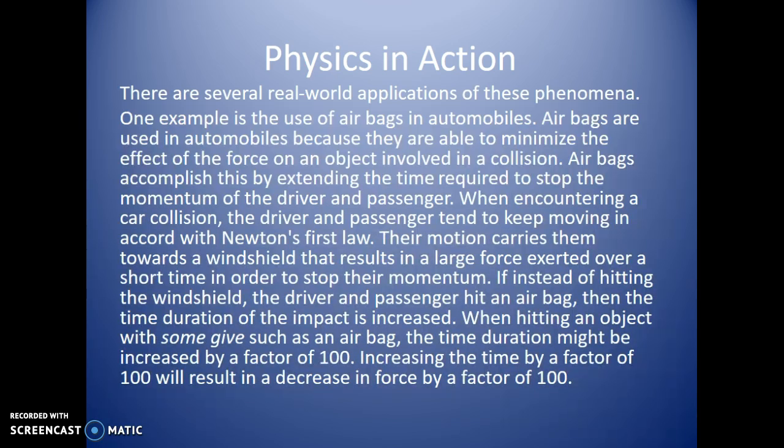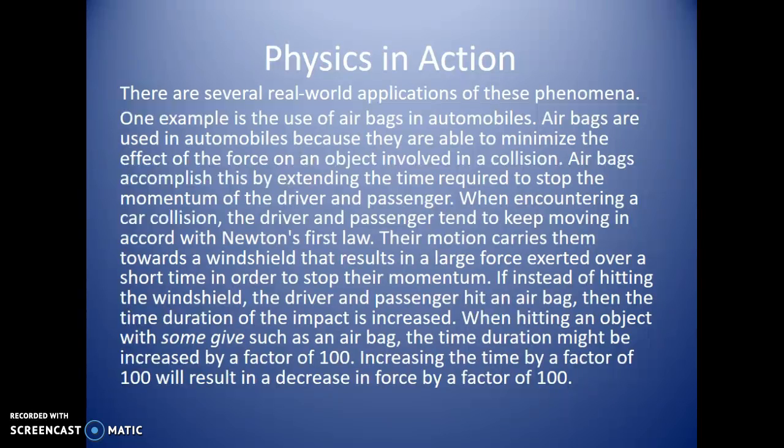So there are lots of examples that we can think of, but here's one: the use of airbags in a car, which minimizes the effect of the force on a person that's involved in a collision. How they do this is they increase the time required to stop the momentum of the driver or the passenger, because obviously a person continues to move forward when the car has slowed down or stopped, which will cause the person to hit the steering wheel or the windshield with a large force.